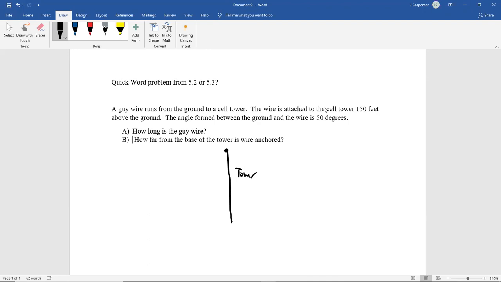Now, this wire is attached 150 feet above the ground, so it's a 150 feet tall tower. It's attached somewhere over here or over here. Let's attach it on the left. So here is the anchor point. This is your ground.